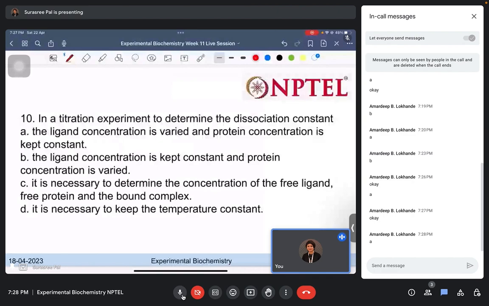So both of these can be done, A and D. And also it is necessary to keep the temperature constant. So the correct answers are A, B, and D.